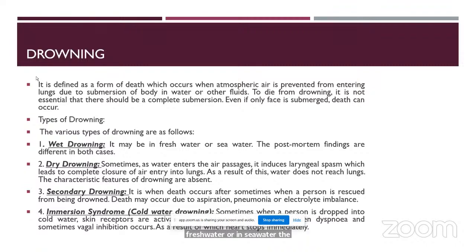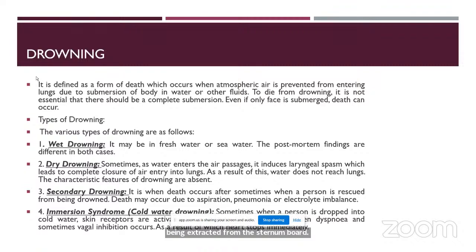The post-mortem findings of fresh water and sea water drowning can be different. The basic difference between them can be the presence or the kind of species of diatoms that can be present in both water bodies, which is extracted from the sternum bone.